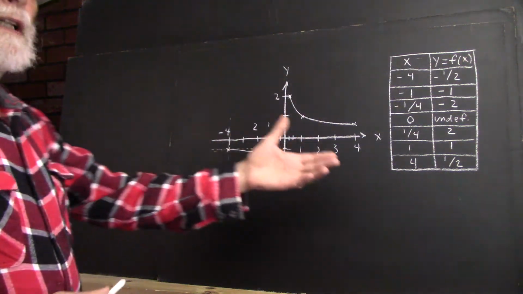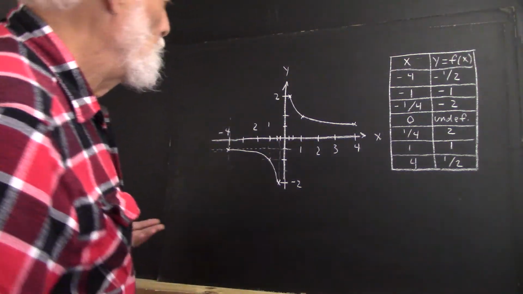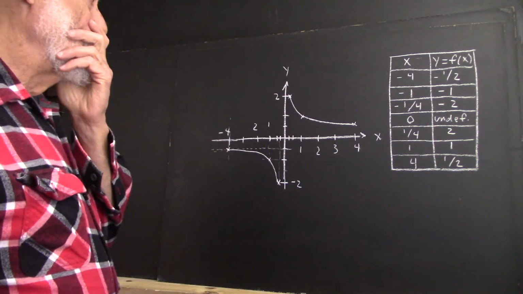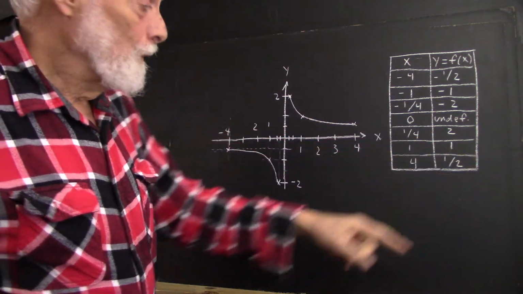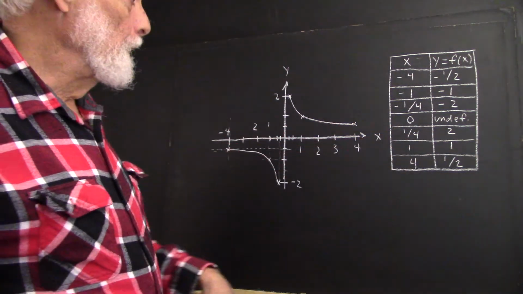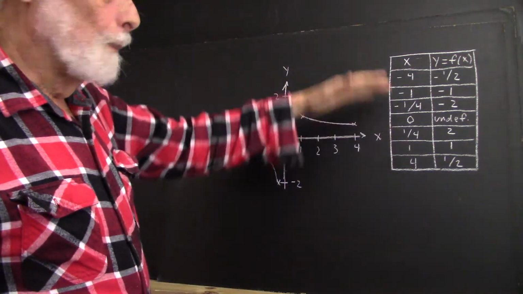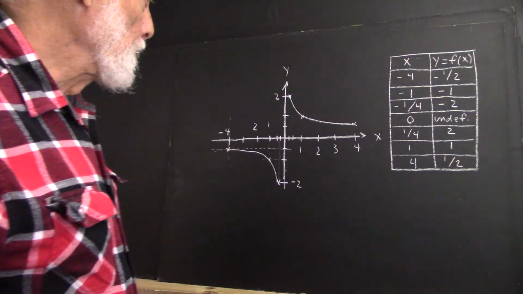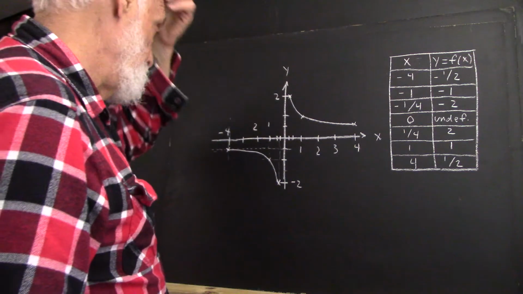Now that's just a guess as to where the curve would be. We don't know any more about the function, so it's dangerous to extend the curve beyond this point. We don't know if that curve approaches a horizontal asymptote above the x-axis, or it somehow manages to approach the x-axis. Similarly here, we don't know what happens above here.